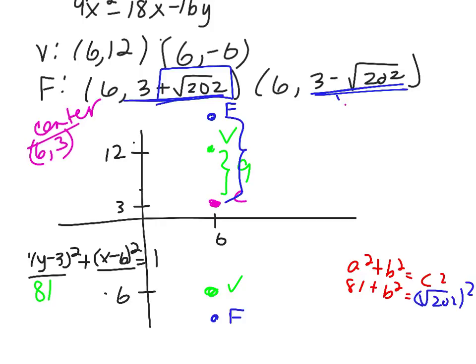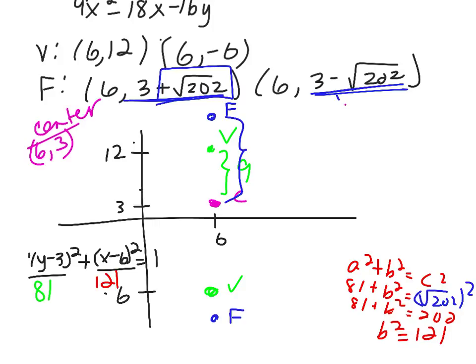Squared. So that's 81 plus B squared equals 202. So 202 minus 81 would be 121. So I have B squared is equal to 121. So that's going to go underneath here.